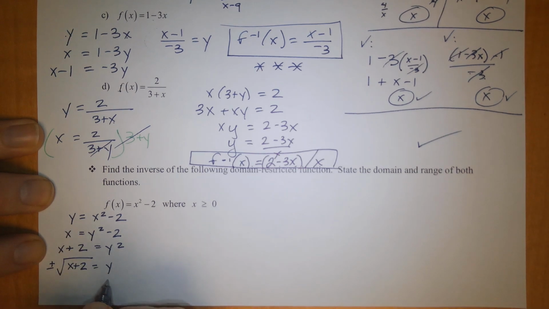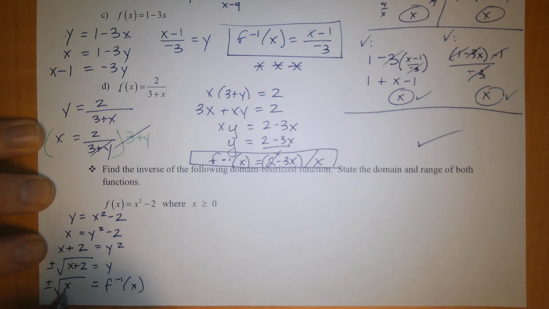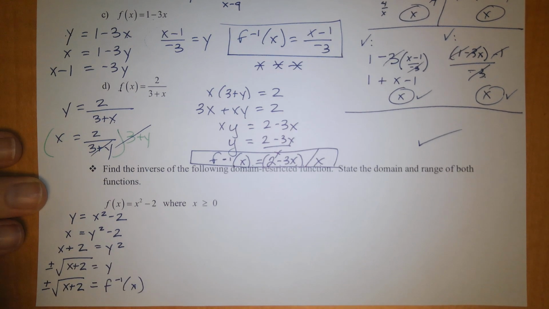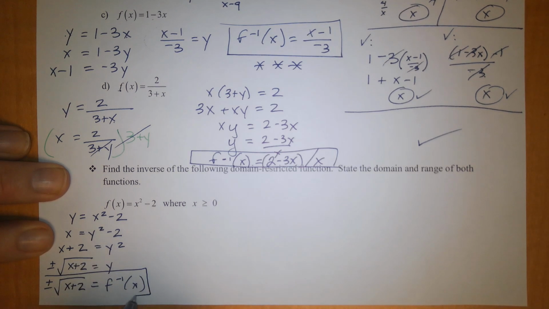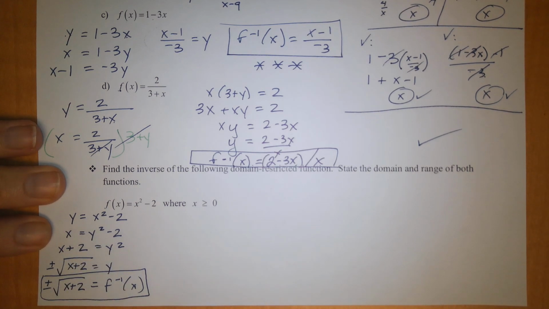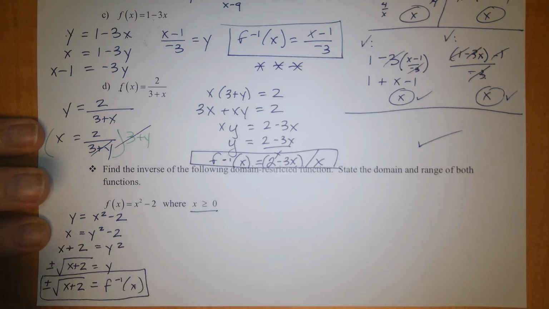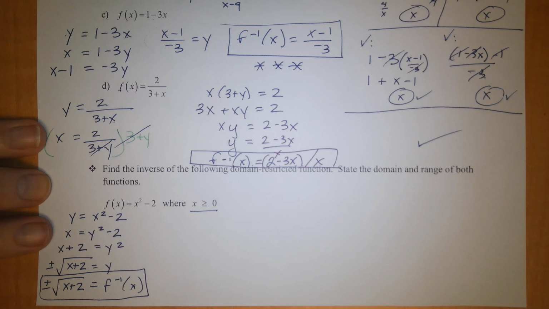So my inverse is going to be equal to plus or minus the square root of x plus 2. So this is my inverse that I found. But we're only going to keep the positive version because we only want the x's that are greater than or equal to 0.